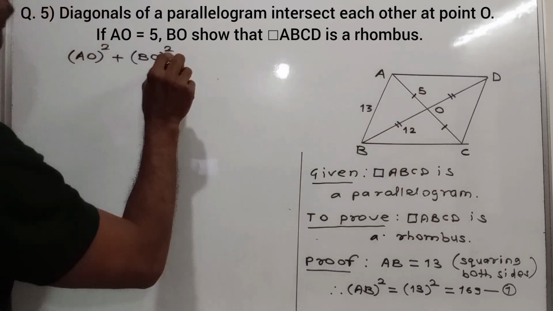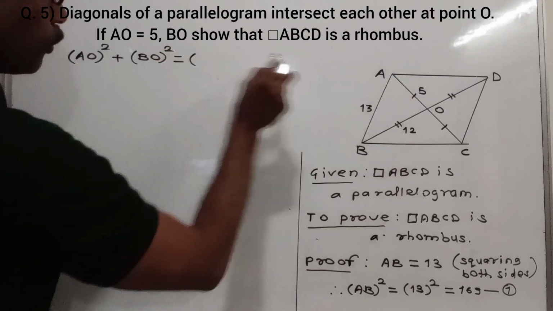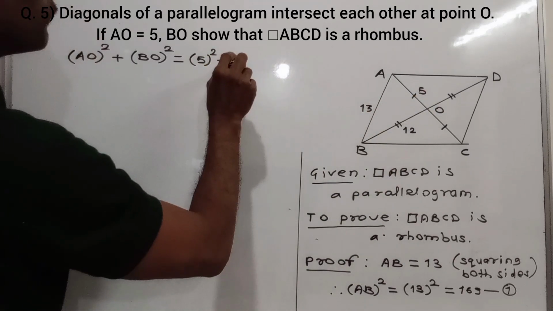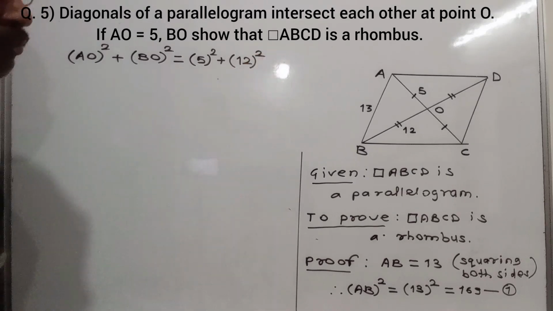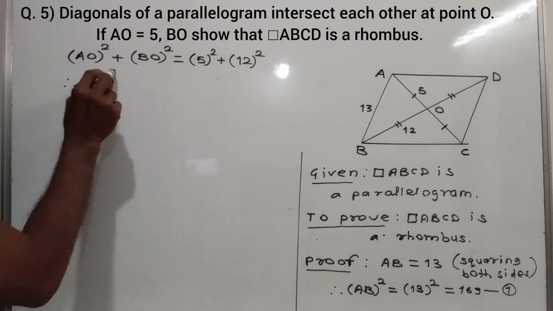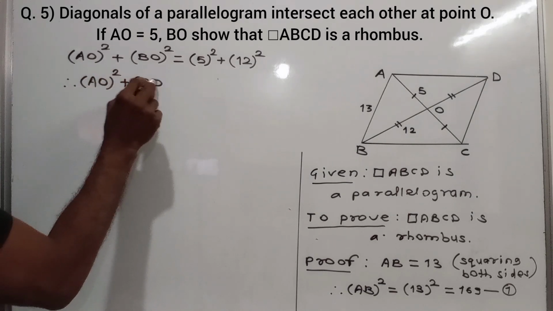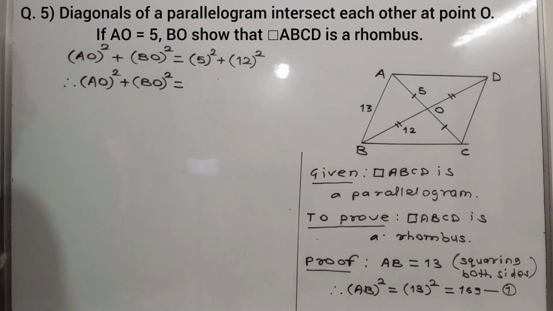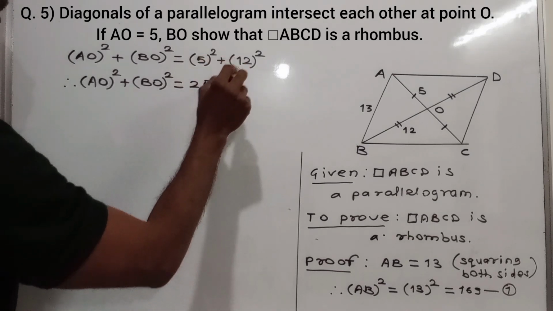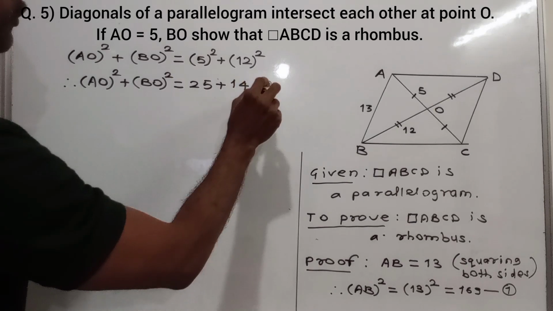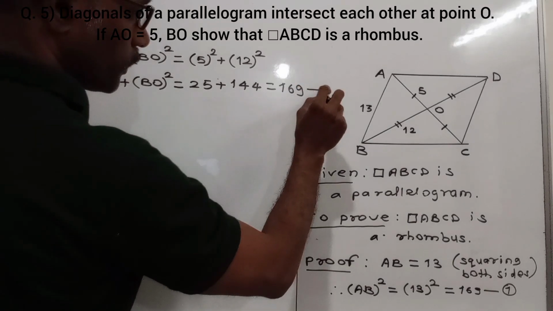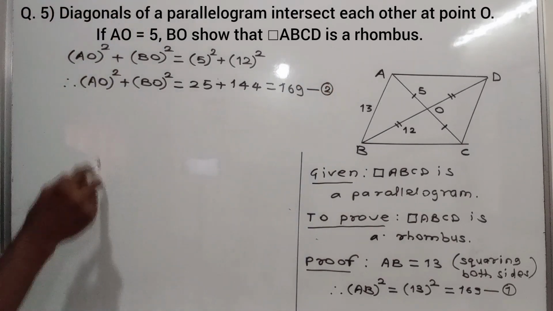AO square plus BO square is equal to 25 plus 144, which is equal to 169. This is our equation number 2.